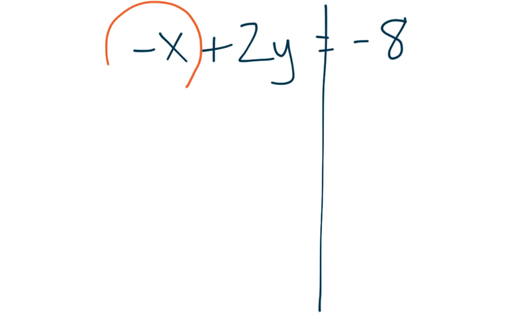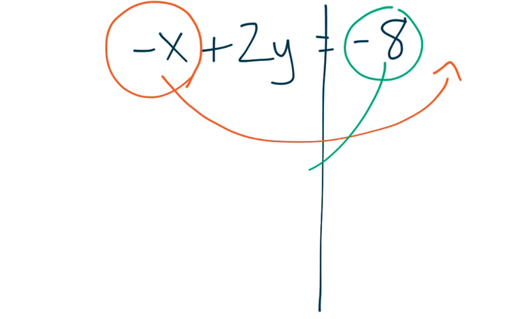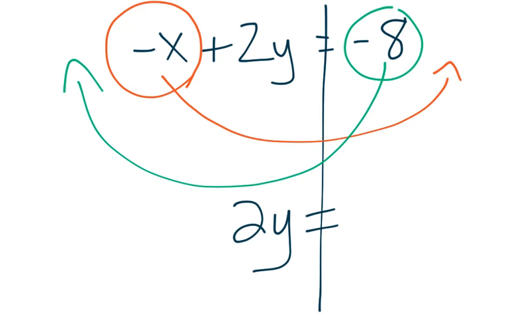I'm going to take this over here, and I'm going to take this over here. And notice the 2y is not going to move, so it's going to stay exactly the same. It was a positive 2y, it's going to stay a 2y. But the x was negative, and when I move it across, it's going to become positive. And the 8 was negative, and when I move it across, it's going to become positive.